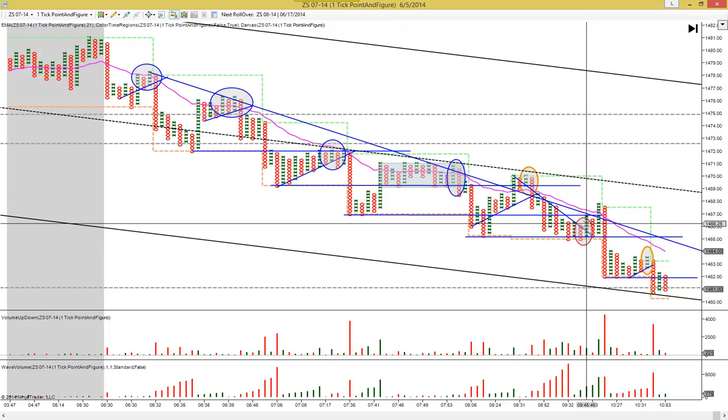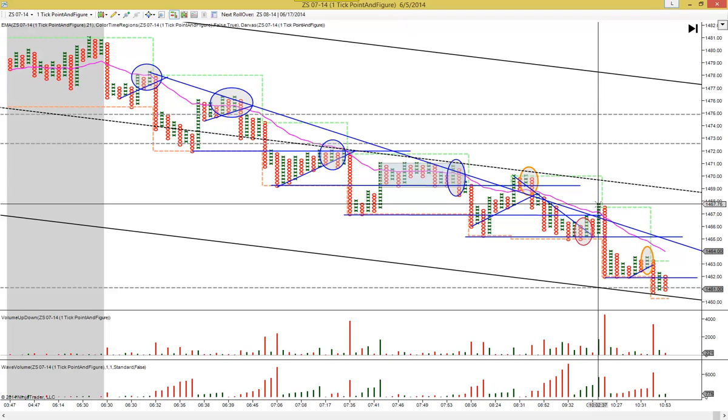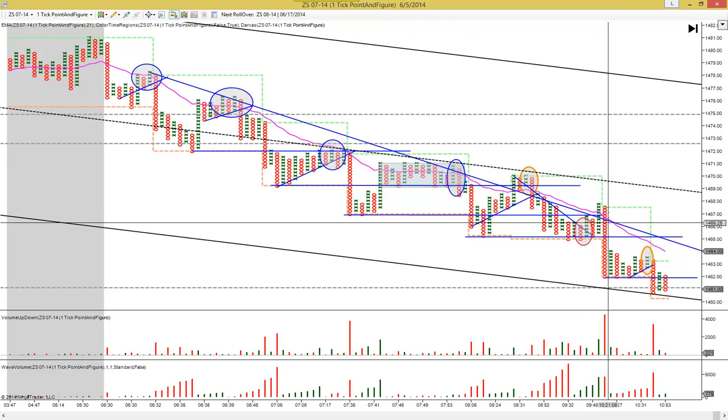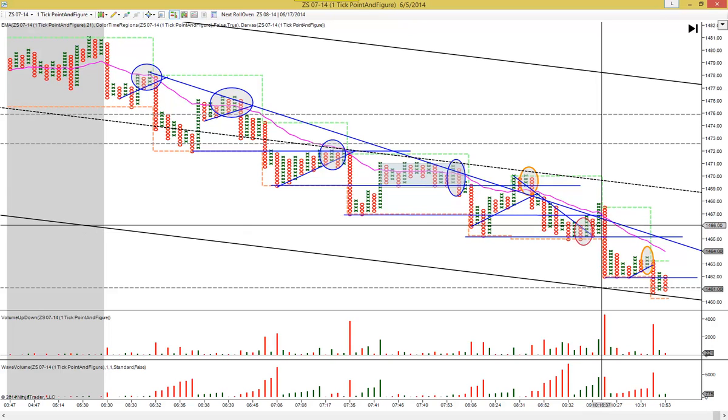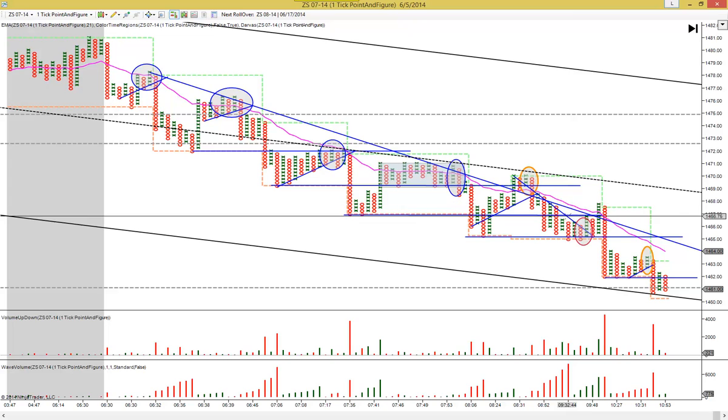I put an entry right here and got filled, and I would have made a 4 tick scalp easily, but it just was the wrong place for it, and I should have still been looking for shorts. And I got stopped out. I think I only took a 6 tick hit on this one because my entry price was pretty low.